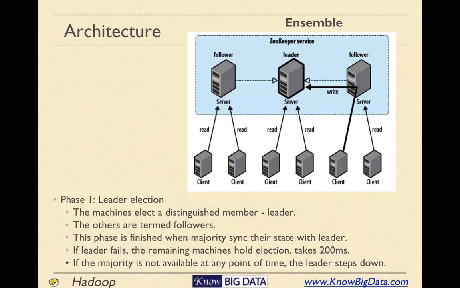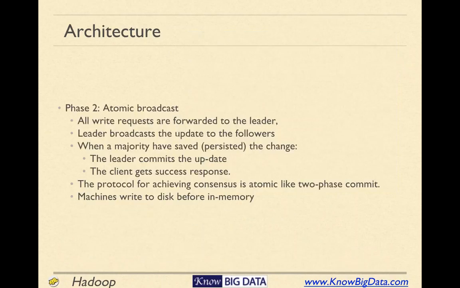Every machine knows who the Zookeeper servers available in the network are. The Zookeeper servers talk to each other and elect a leader based on who has the latest data and who responded to the pings really well. Then they synchronize their state with the leader, and then the story starts.